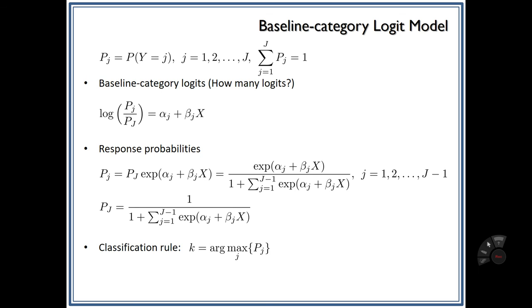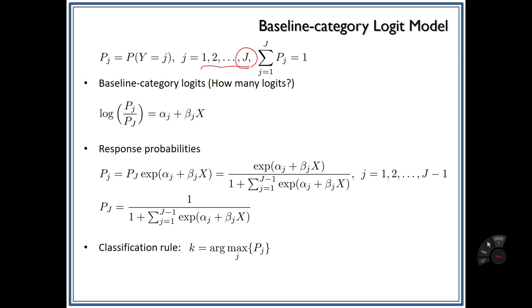So in general, let us say that we have capital J classes. If capital J is 4, then we have 4 classes, and if it is 5, we have 5 classes.